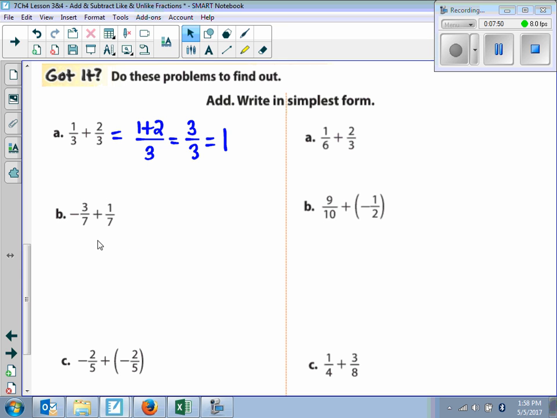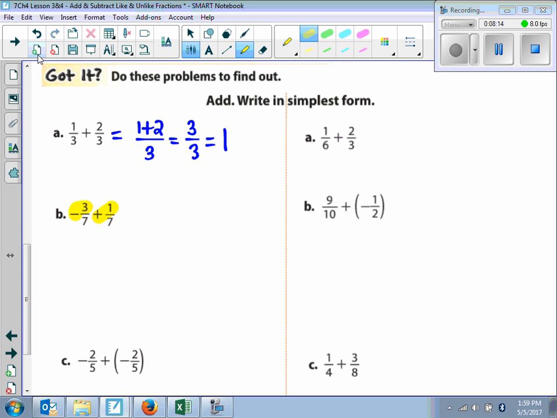For letter B, here we have different signs, right? The rule for adding rational numbers with different signs is the same as the integers, okay? You subtract the digits and take the sign of the higher number, right? But the digits that we're looking at are this -3 and this +1.